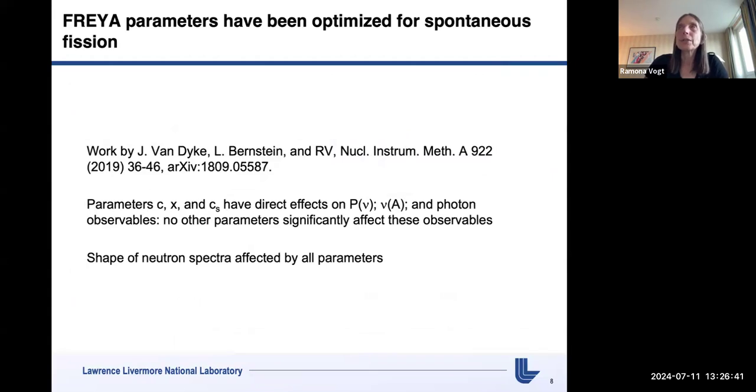So we have values for these parameters for every nucleus in Freya, but we did an optimization for spontaneous fission in collaboration with Jackson Van Dyke, who was an undergraduate at UC Berkeley at the time, and Lee Bernstein. We knew already that the parameters C, X, and CS have direct effects on the neutron multiplicity distribution.